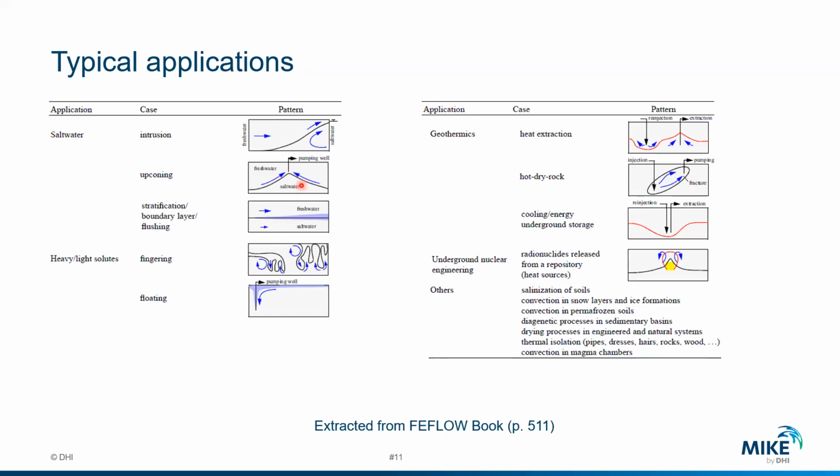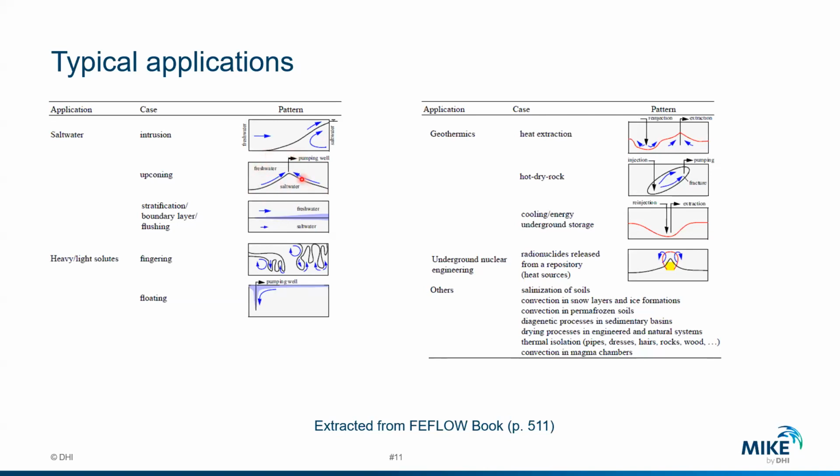Upconing could be another application. I see some of you are working in mining, and I recognize some of the names. So this could be a brine, a lithium mine, where salt has accumulated in the lower part of the reservoir, and due to density changes you have a movement from salt water to fresh water.